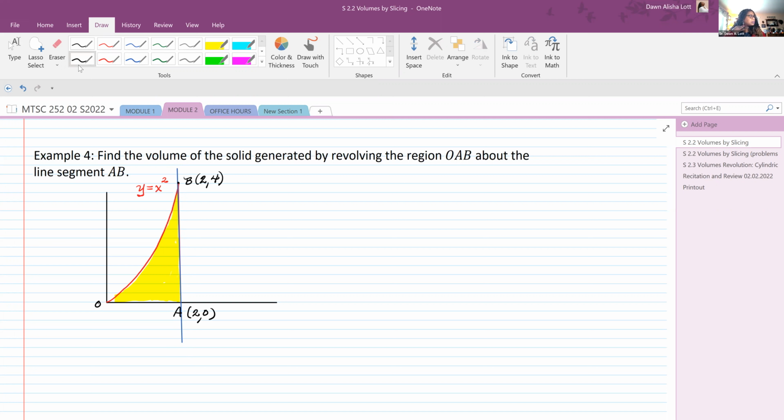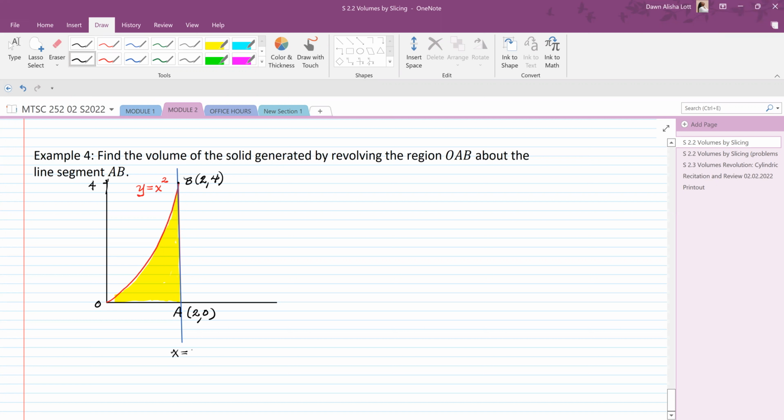Equation of that line. Y equals 2. Almost. X. But that was very good. X equals 2. Awesome. Okay, so this is X equals 2.